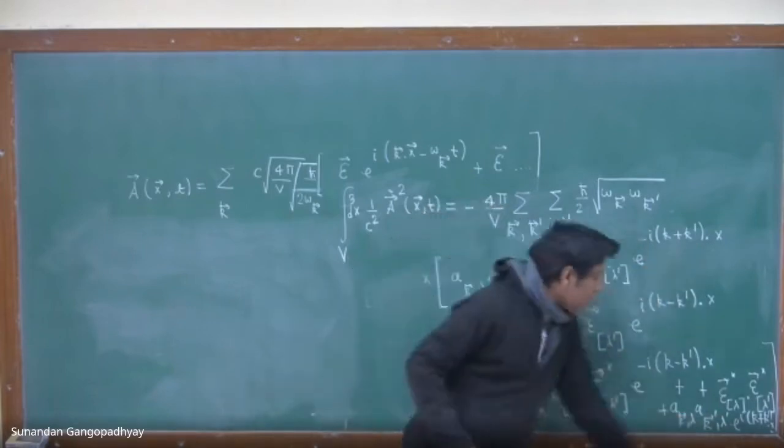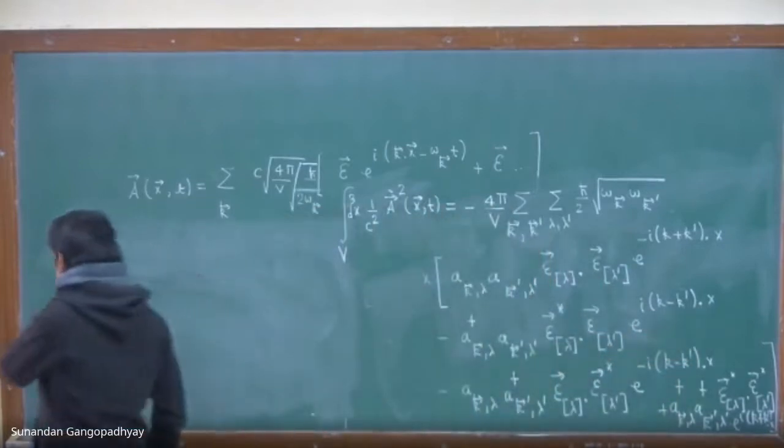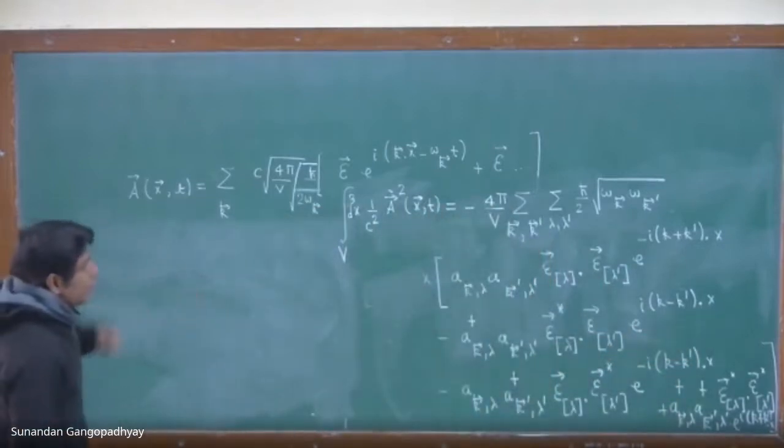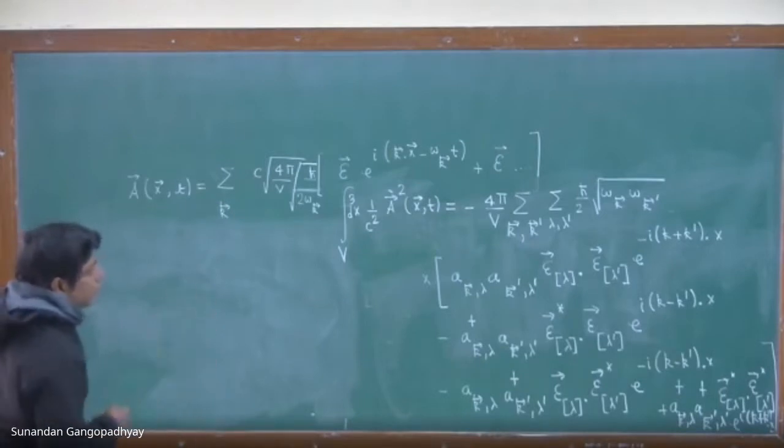Similarly for the last term, and in these terms the omega k t will go away. So you remember that you have to do an x integral, it is a volume integral over this expression.